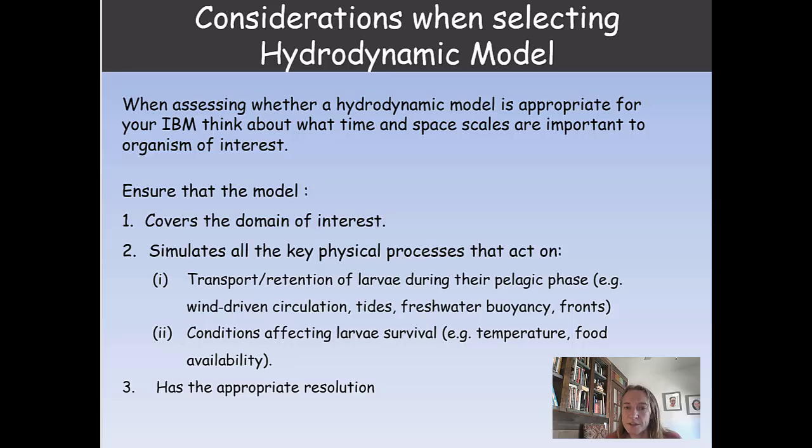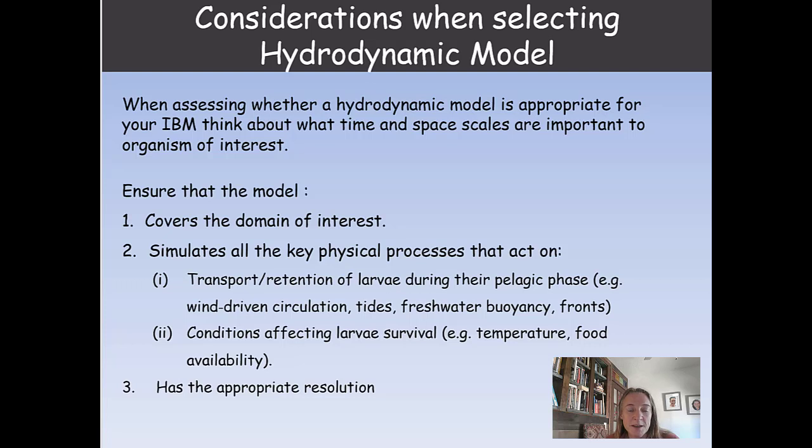There's a number of considerations that are important to think about when you're selecting your hydrodynamic model in terms of its appropriateness for your individual based model of your early life history. For example, make sure that it covers your domain of interest adequately. Is it simulating the key processes that you think are important for your individuals?